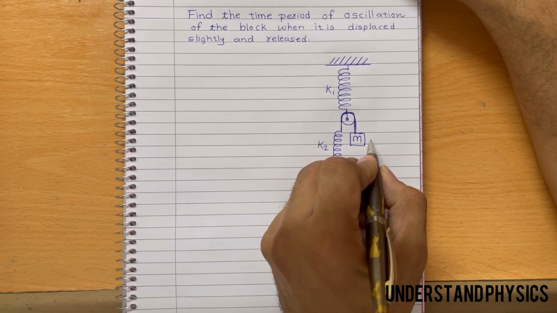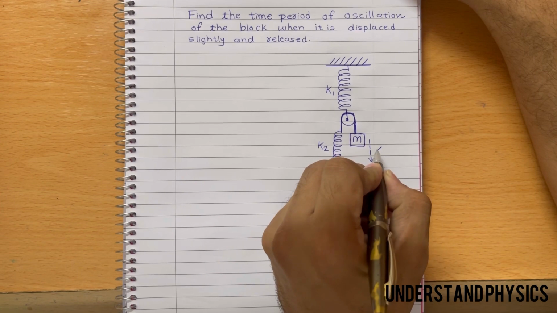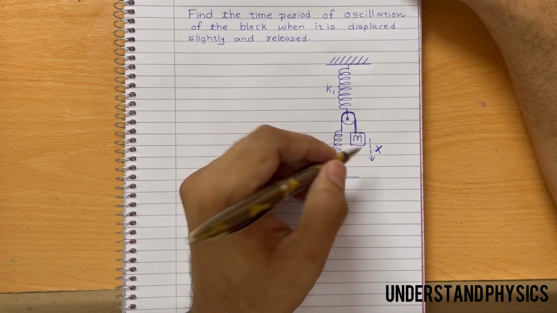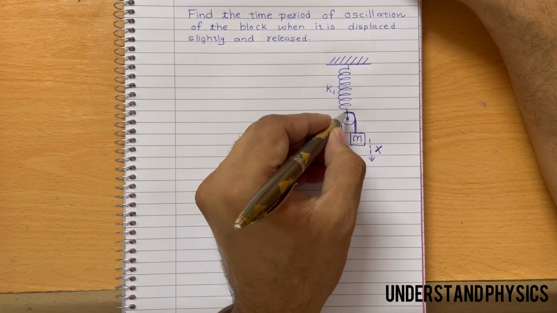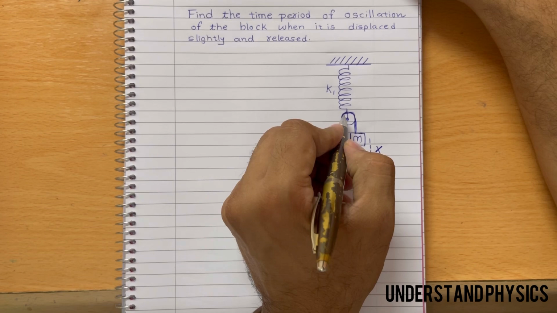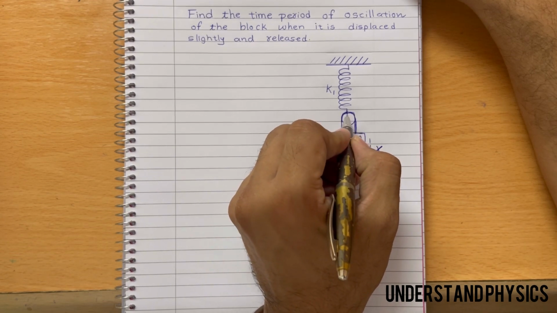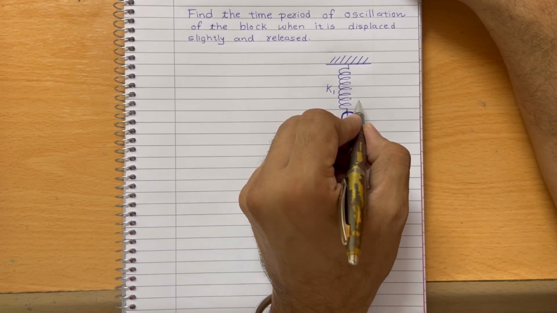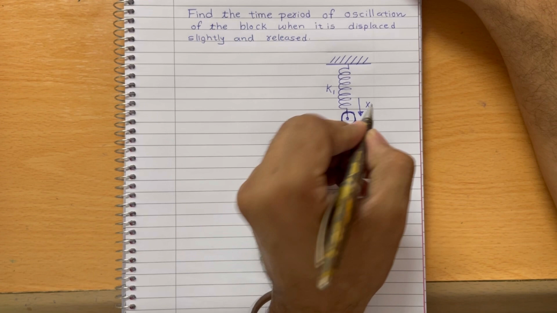In this question, suppose I take this M block downward by X distance. Imagine if I pull it by X distance, then you can visualize that even the pulley will be shifted downward. Let us suppose the pulley shifts down by x1 meters. If the pulley shifts down by x1 meters, the upper spring will also stretch by x1 meter.